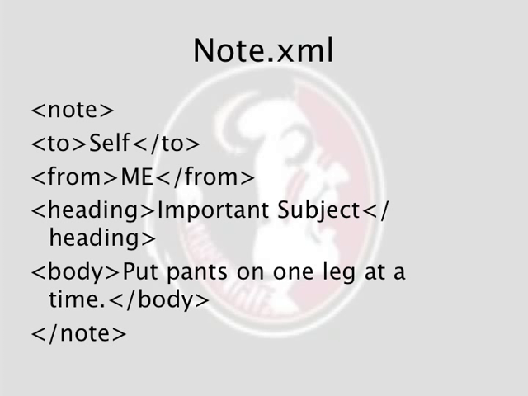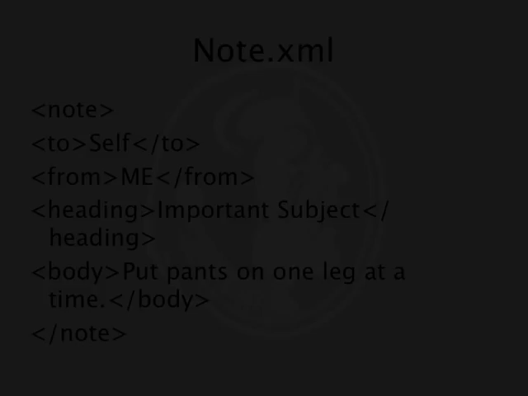You can actually name it to. There's where to stops, the end tag. Same with from. You can actually define a heading as a heading and a paragraph as a body. So you can see the differences between the two of them.